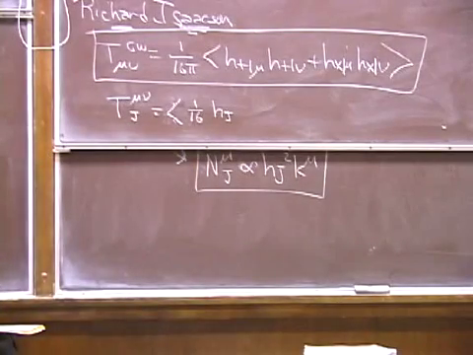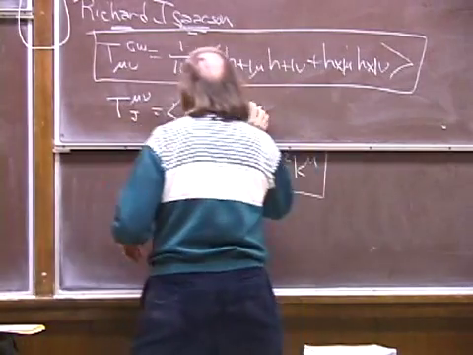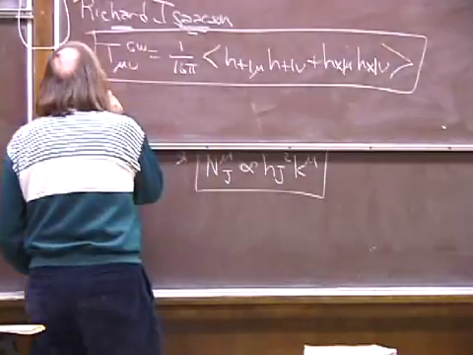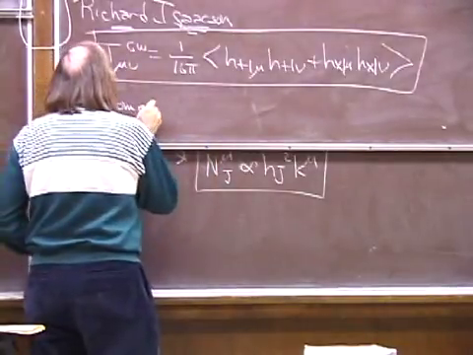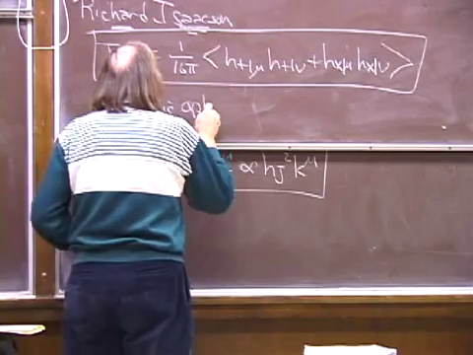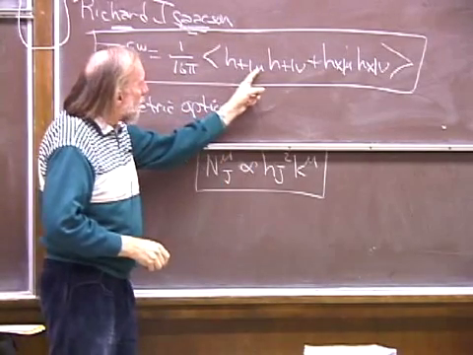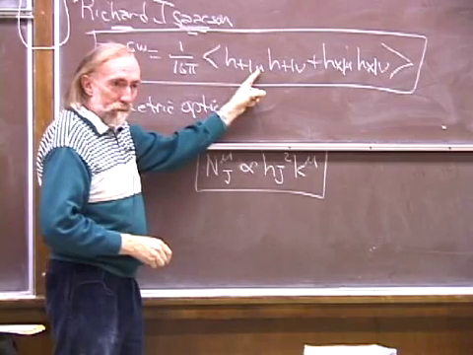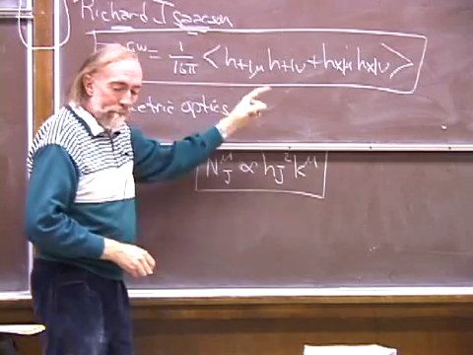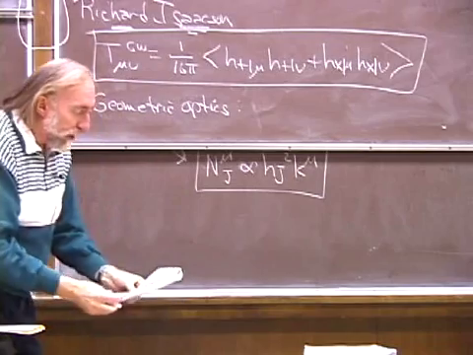In the geometric optics approximation, if you apply the geometric optics to this, then when you differentiate, that just gives you a wave vector from the differentiation.